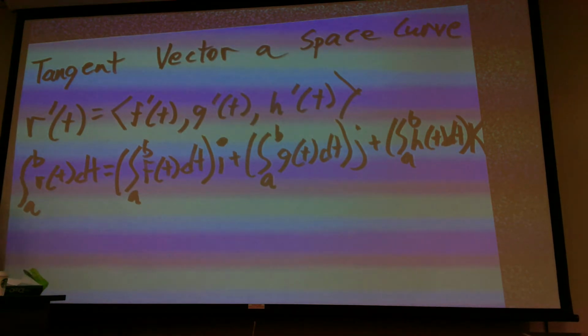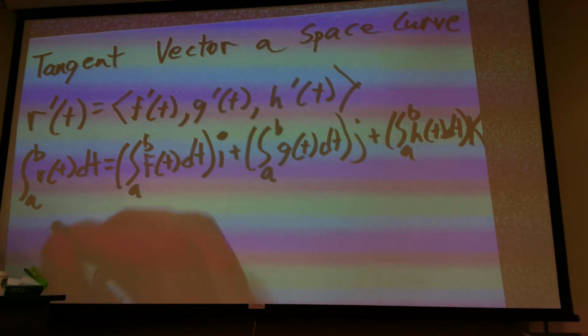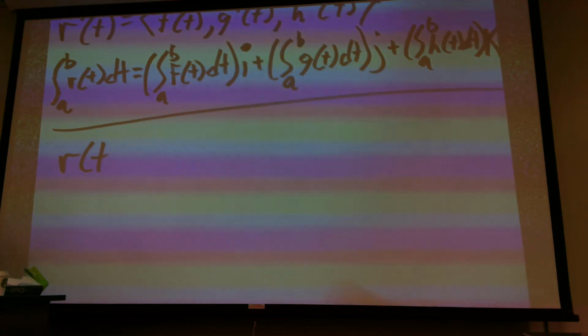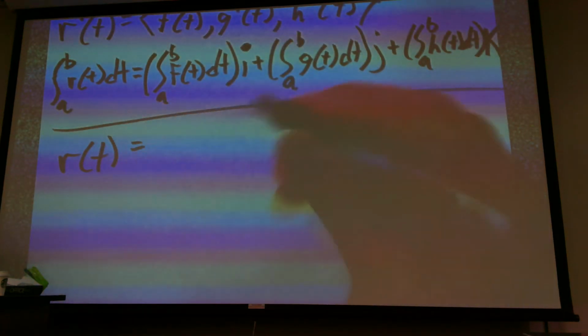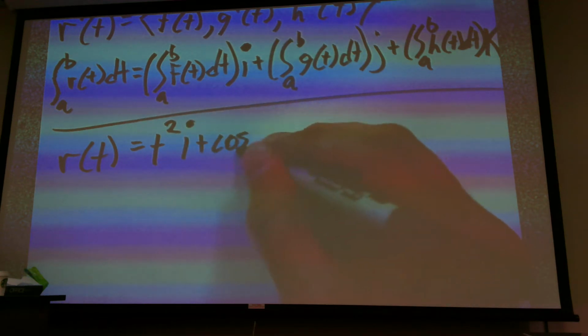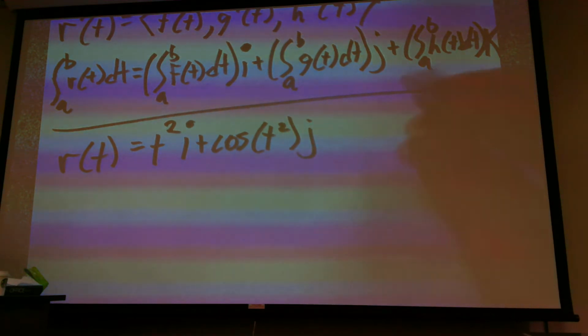So let's start off relatively simple. Let's say R of t equals t squared i plus cosine of t squared j, and then plus sine squared of t k.